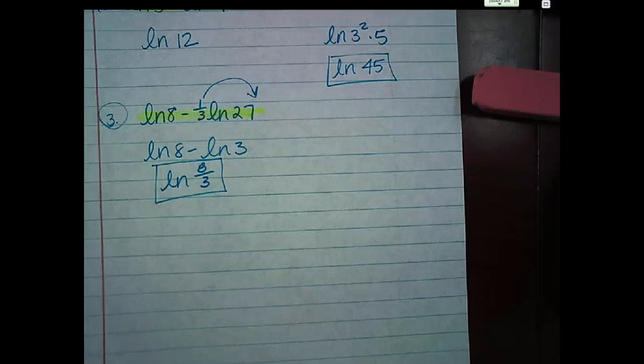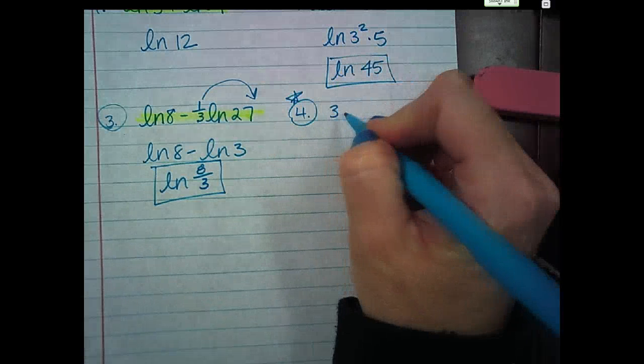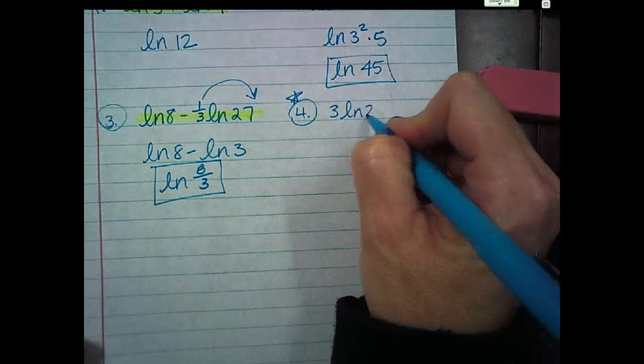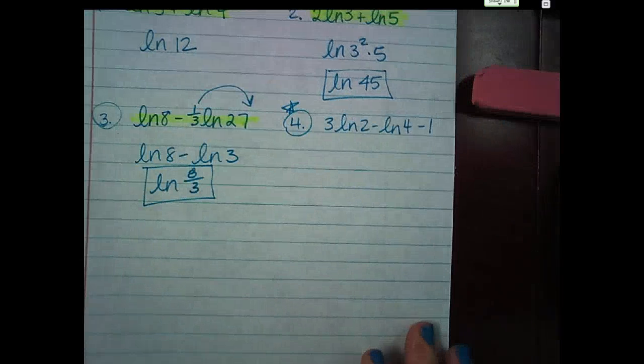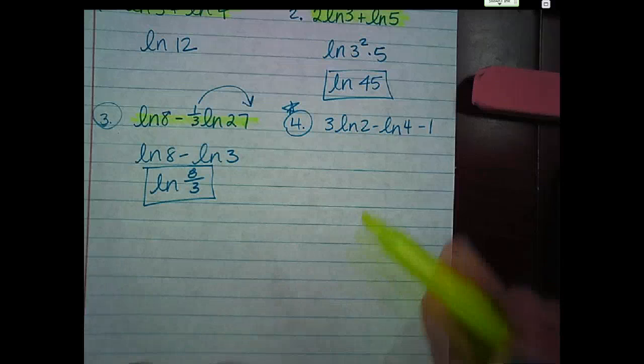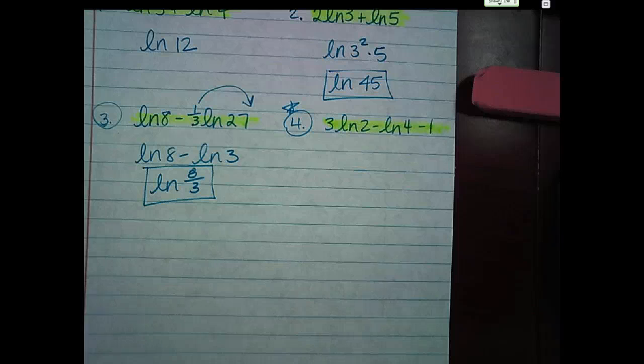Okay, number 4 and 5 add one piece to that. So you can put a star by number 4. It's 3 times the natural log of 2 minus the natural log of 4 minus 1. And just like with logs, we've studied this section before. The first 2 parts are fine. It's the 1 that doesn't fit in. It doesn't belong.